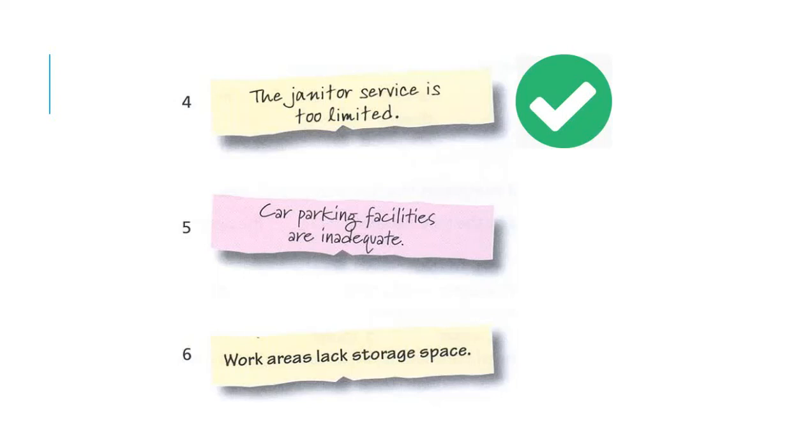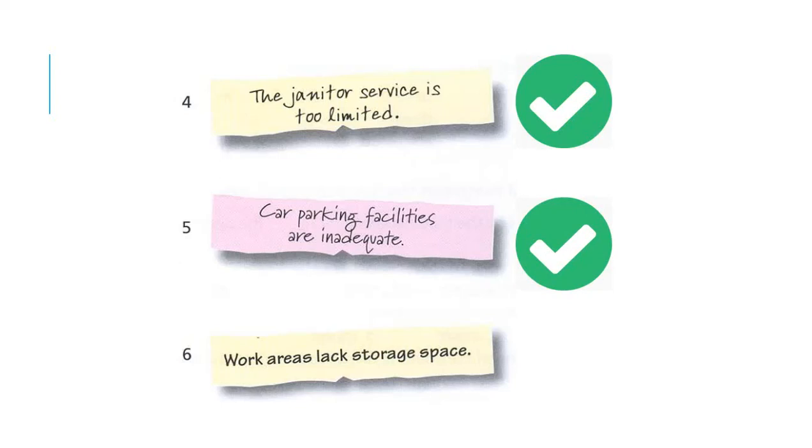Number five, it says car parking facilities are inadequate. Facilities, as I told you, are constructions or buildings. When it says that car parking facilities are inadequate, it means that the spaces for parking are not the best ones, or probably they don't have the best distribution for cars to park.